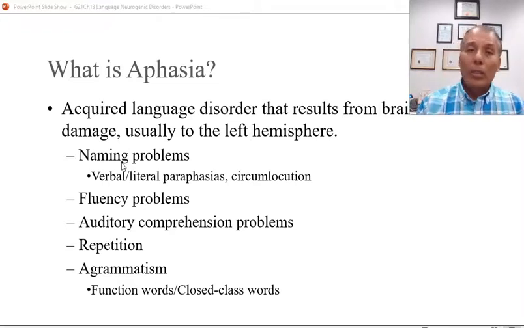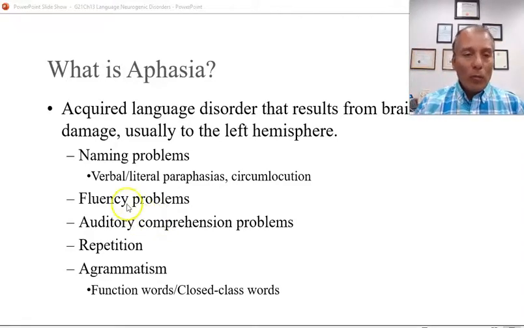Then there are fluency problems. Is the person able to use the motor structures to produce speech, regardless of whether that speech is intelligible or not? We call it fluent speech or not, motorically fluent, regardless of the content.